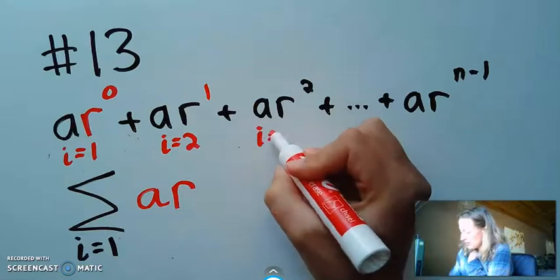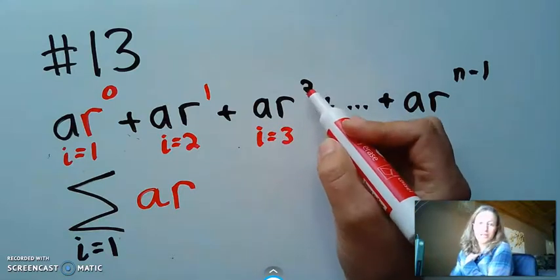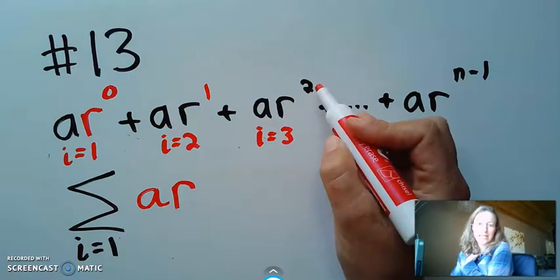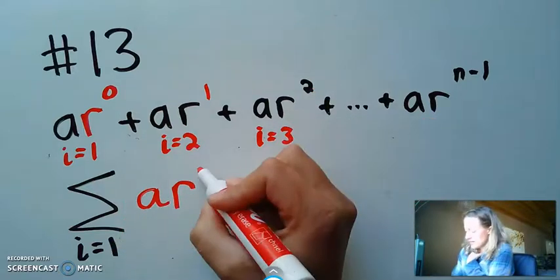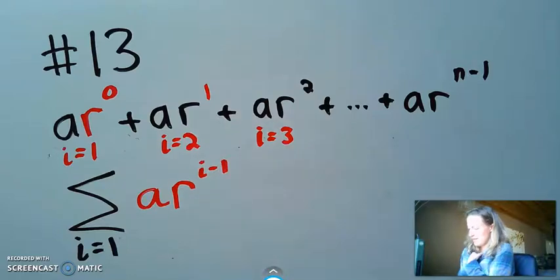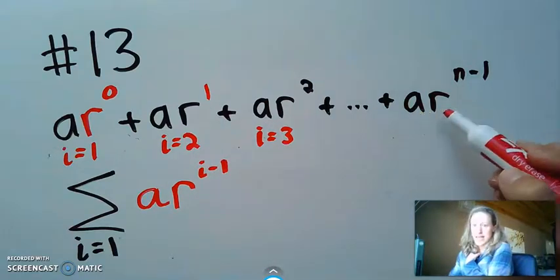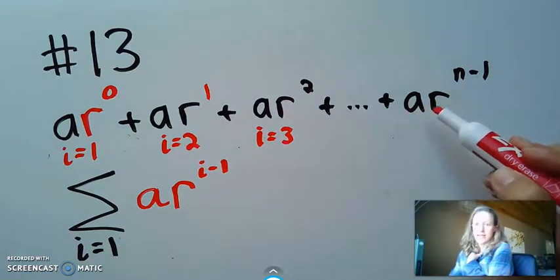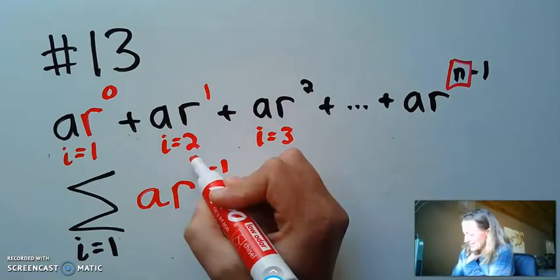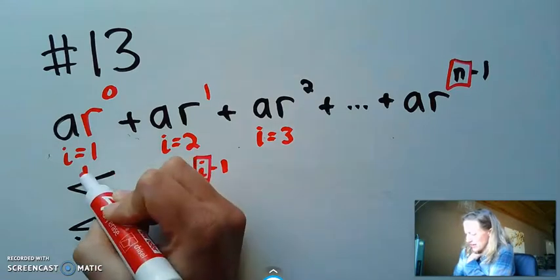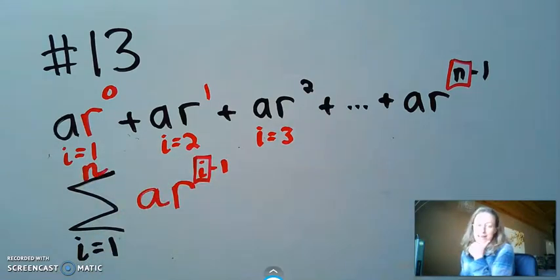And here's our third term, and our exponent's a 2. So see how the exponent's always 1 less? So maybe we could say, whatever i is, the exponent is 1 less than that. And then to get to the end, it says a times r to the n minus 1. So see how n replaces the i? So I think we want to get all the way up to n as the end of our ticker, whatever number n is.